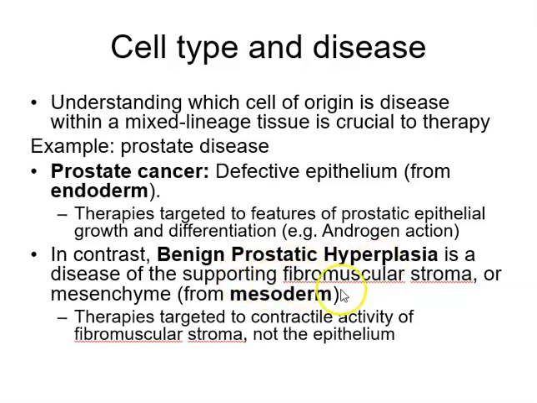I've mentioned the fibromuscular stroma. Well, stroma is a sort of collective term for all of that connective tissue around the epithelium that acts as a support for the epithelium. So benign prostatic hyperplasia is an overgrowth of the fibromuscular stroma, which is all of those periductal fibroblasts and general fibroblasts that you find outside of the epithelium.